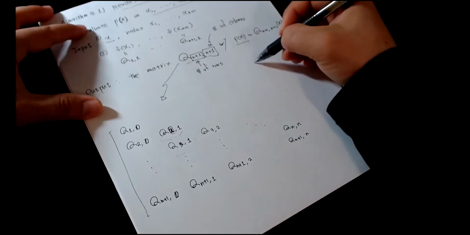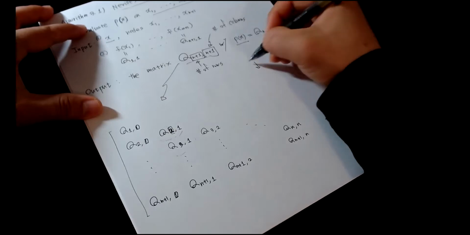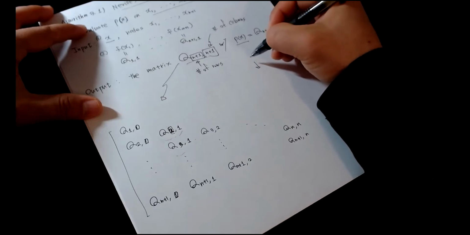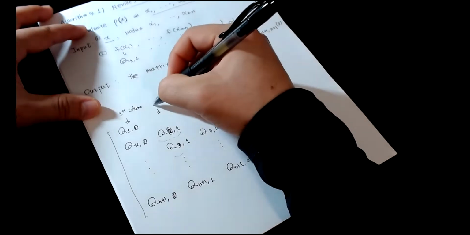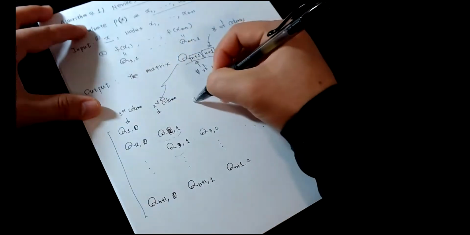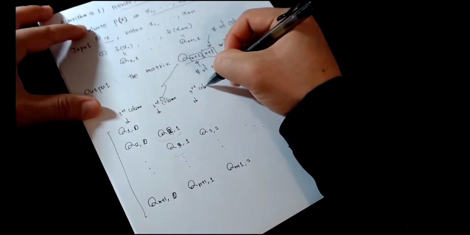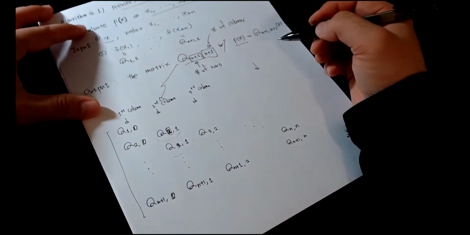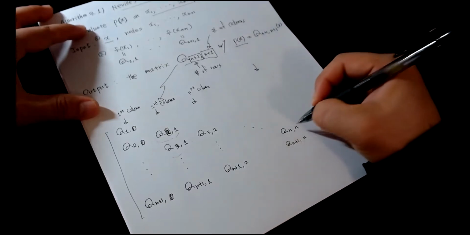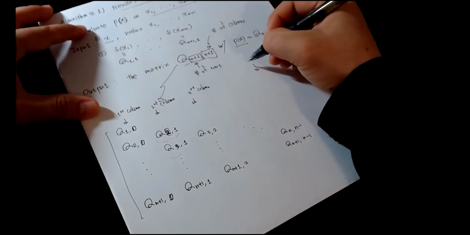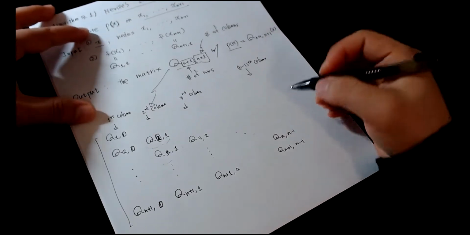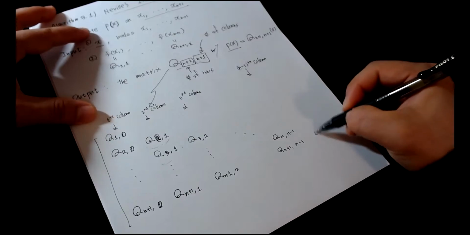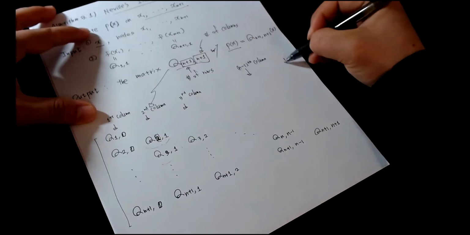Using these two, this is the first column, that's going to be the second column, and that's going to be the third column, up to the n minus first column. Now, using these two polynomials, we can construct Q n plus 1, n plus 1. That's going to be the nth column.